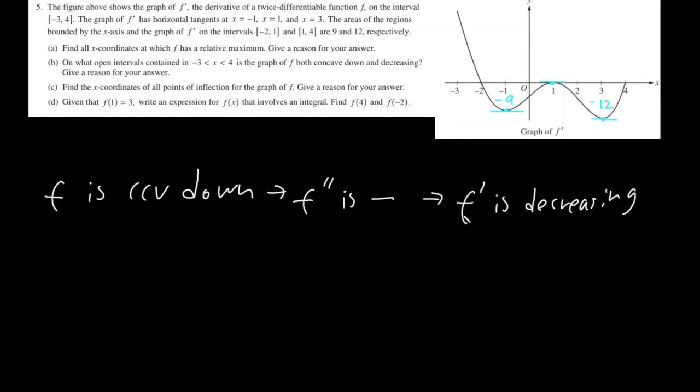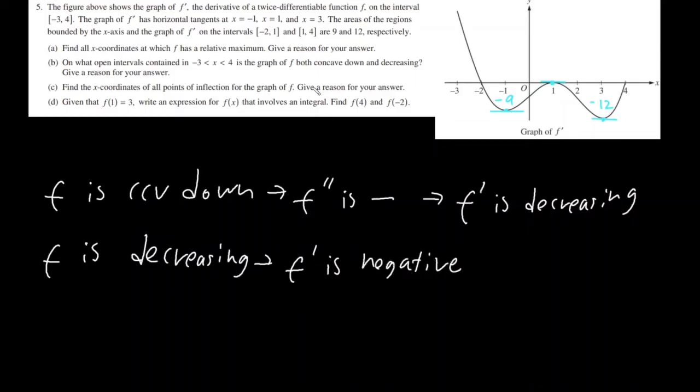The slope of f prime is negative. So if f is concave down, f prime is decreasing. And now we can do the same thing for the other piece of information we're given. f is decreasing. Well, I can tell you right away that if f is decreasing, then f prime is negative.